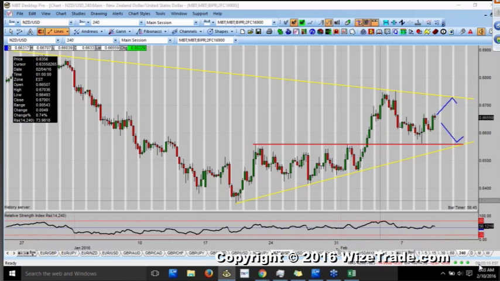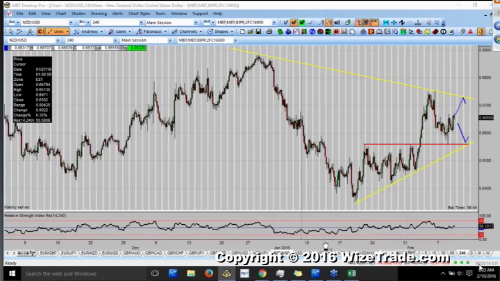Because the good news is, if you look at the Kiwi, it's setting up really nicely for a move. Whether it's a breakout to the upside or a breakout to the downside, who knows? But it's got a good setup, right?